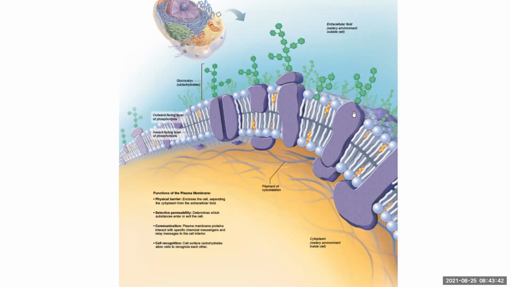They like being around water, so they're going to orient themselves externally towards the water-based extracellular fluid. And they're going to orient internally towards the cytoplasm, which is a watery environment. The fatty acids that we see here on the inside, being associated with cholesterol, don't like being near water, just like normal fats don't mix with water. That's how this is too. So we find all of the fatty acids here.